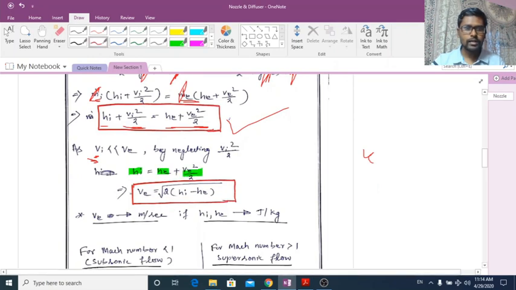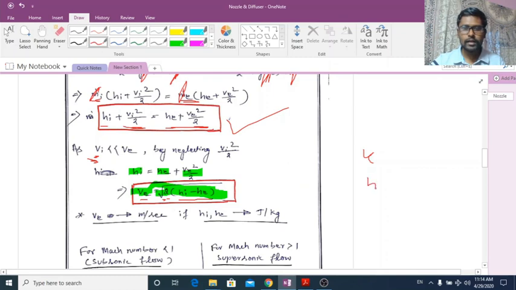If I rearrange the terms, what we get is VE is equal to the square root of 2 times (HI minus HE). So what are HI and HE?